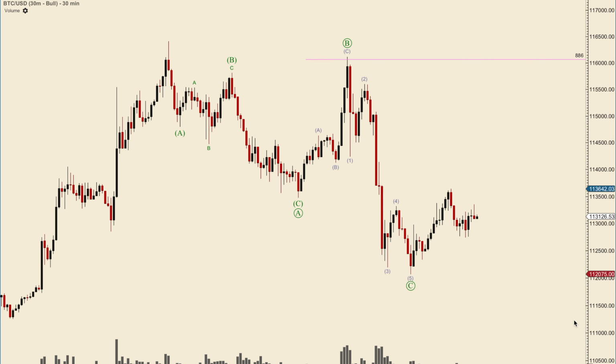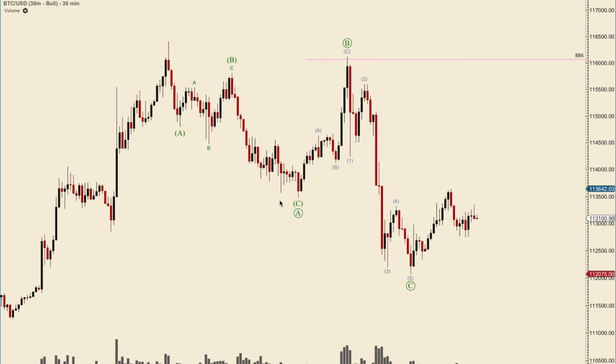But the main thing to take with you from this is that there's a much higher probability to take out this high, because we touched the 886 and because of the move down being corrective.